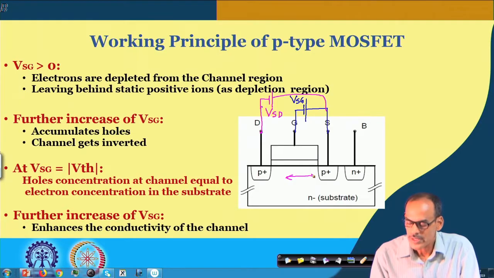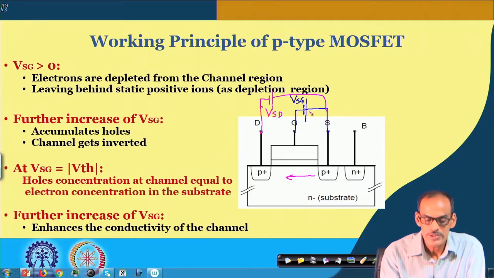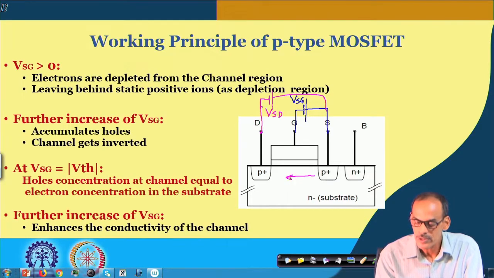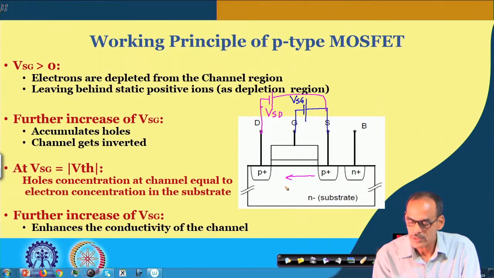Now, what are the things happening here? If you make VSG more and more positive, the majority carriers, namely electrons, depart the channel portion. This means that by this VSG we are forcing the electrons to move away from the channel.